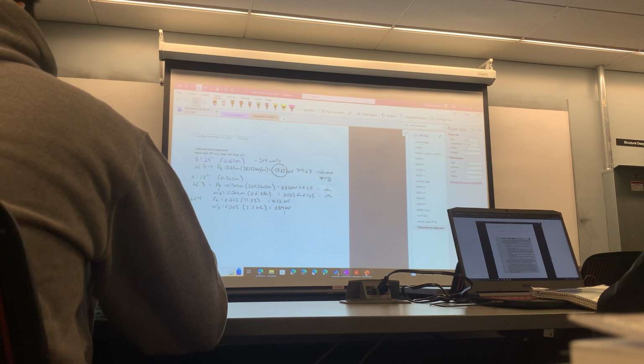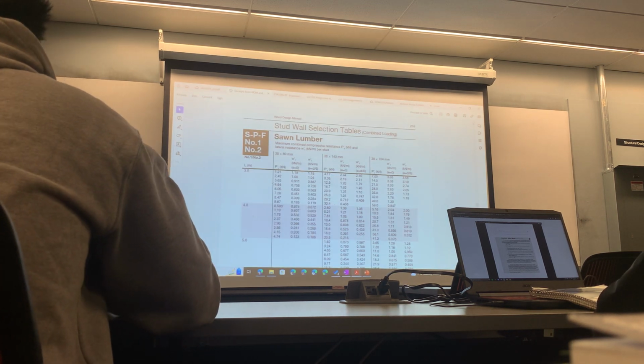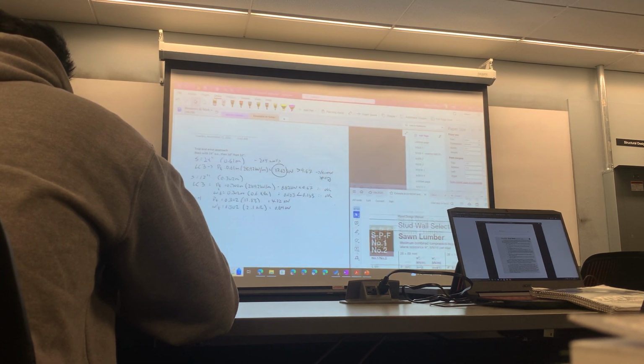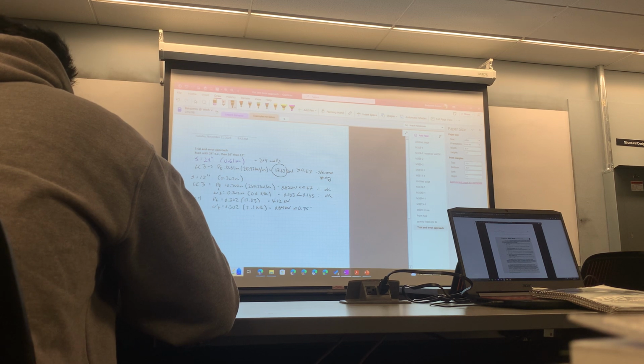So 4.22 and 0.64, you go to your table. 4.22 goes up to here, 4.84, right? And that can hold 0.758. So this is less than 0.758, therefore okay.